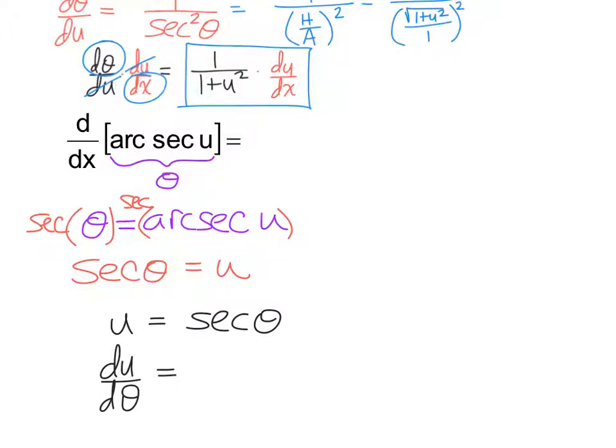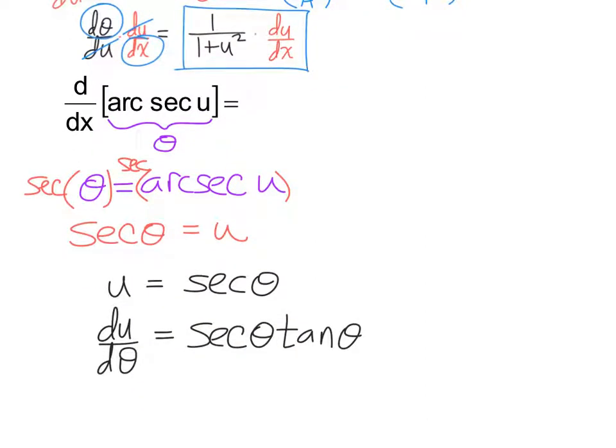what's the derivative of secant? Secant tan. All right. Again, we want d theta dx eventually, which means we have to do some reciprocal action here.